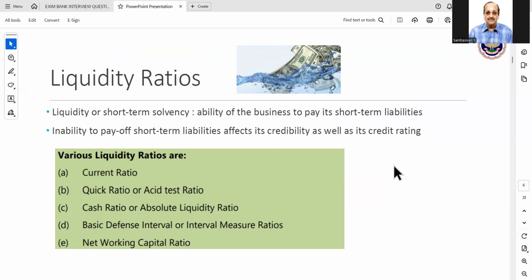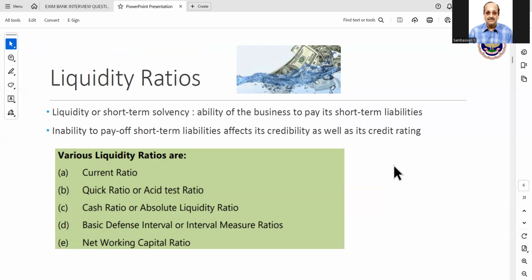Liquidity or short-term insolvency means the ability of the business to pay its short-term liabilities. Inability to pay off short-term liabilities affects the credibility of the company and hence its credit rating.